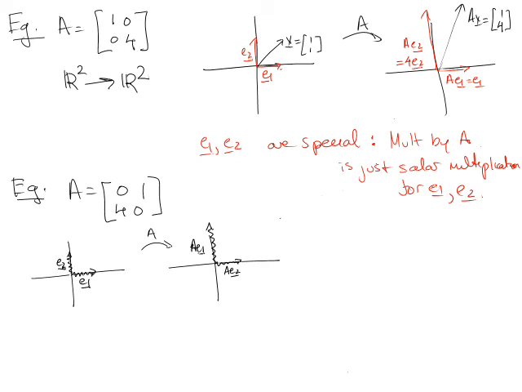Their direction gets changed. And so you can ask this question, are there any special vectors at all? It's not obvious that there are, right? What this linear transformation is doing is swapping the two coordinates and multiplying one of them by 4. It's not obvious that there's some vector whose direction is fixed by this. But it turns out that there are some such vectors.